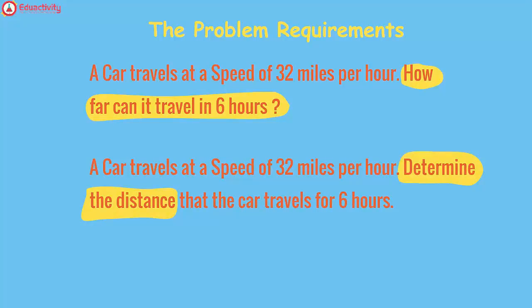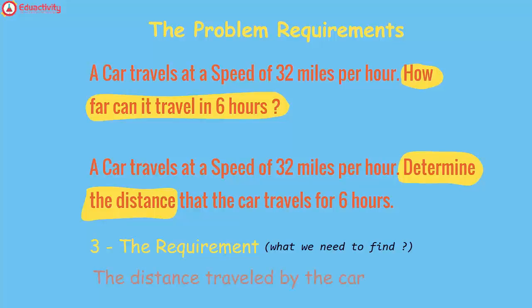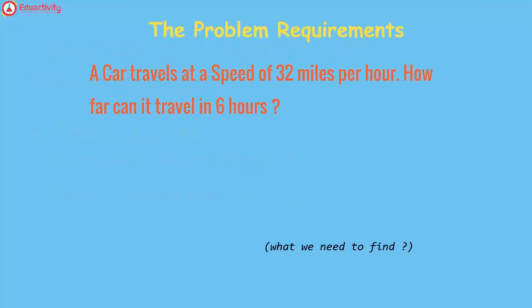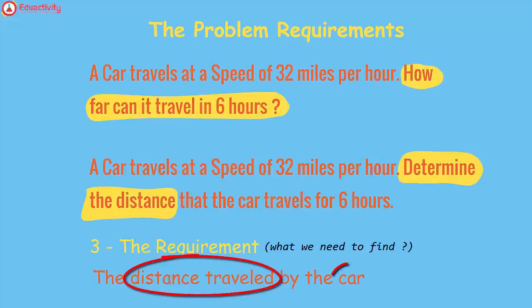Either way, we need to specify the requirement as a data item. We can do it this way: the distance traveled by the car. As you can see, this data item contains an attribute, the distance traveled, and an object, which is the car.